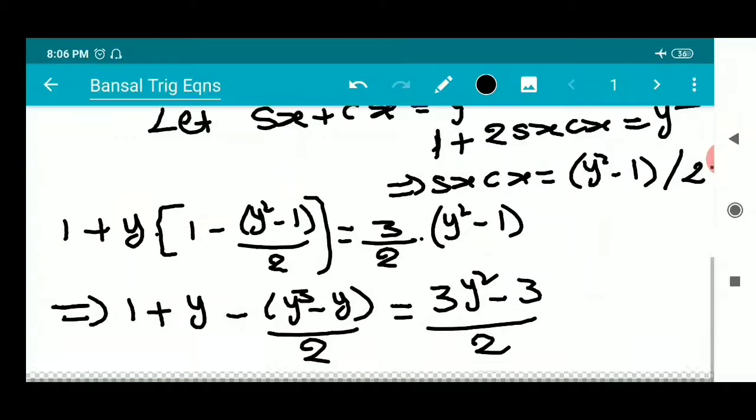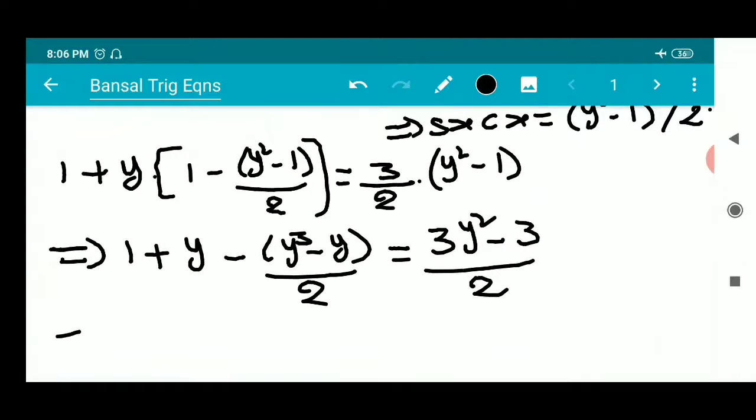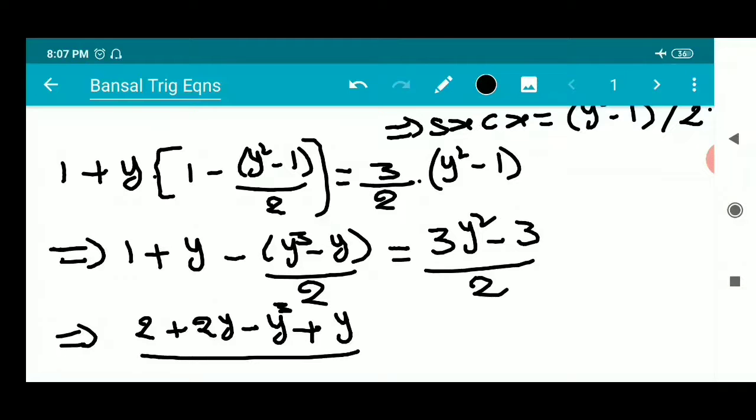Okay, so on the LHS also I will take 2 as LCM, so that is (2 plus 2y minus y cube plus y) by 2, which is equal to 3y square minus 3 by 2. So 2 will get cancelled.